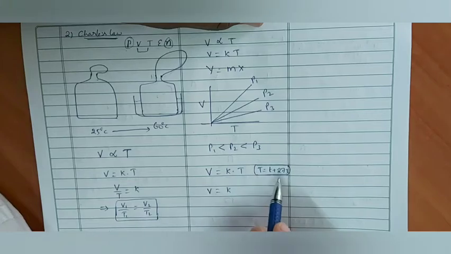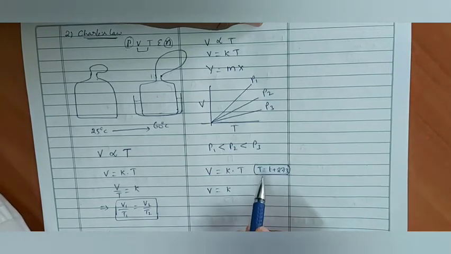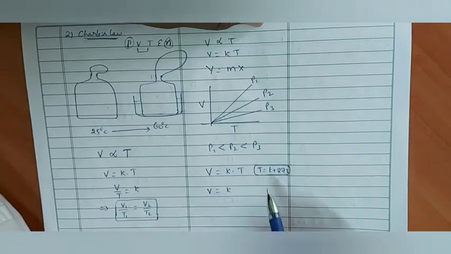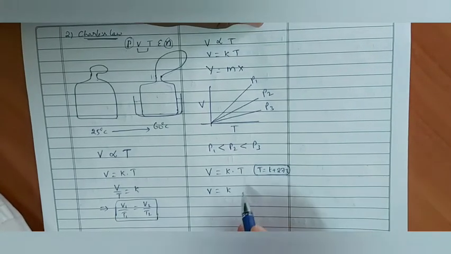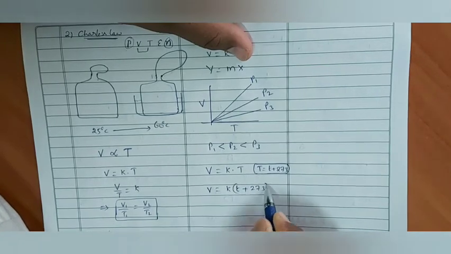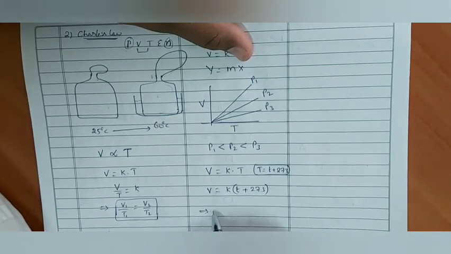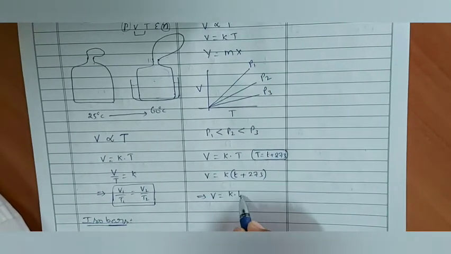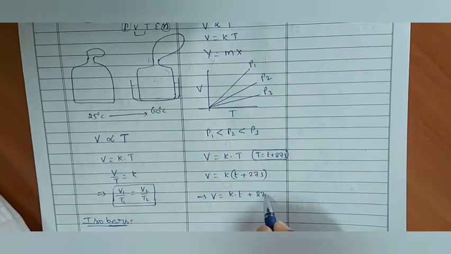So substitute this in capital T. You will get K into small t plus 273. This implies V is equal to K into (small t plus 273), that is, K times (t plus 273).